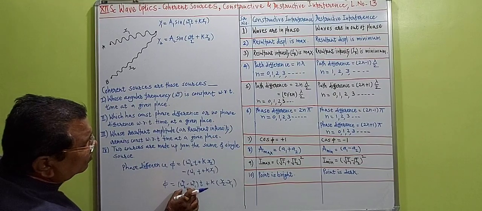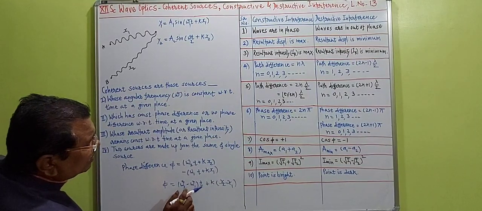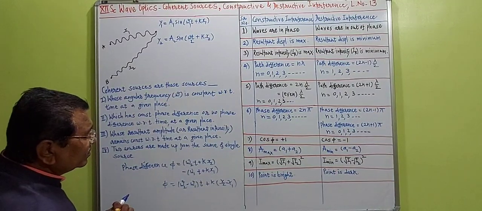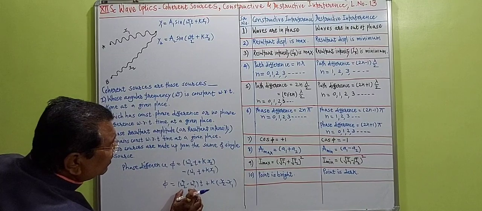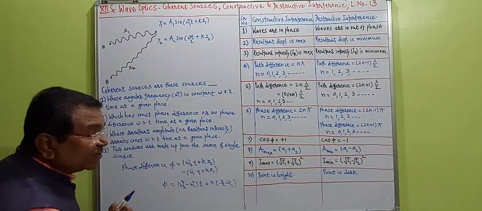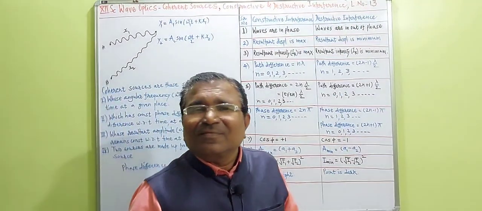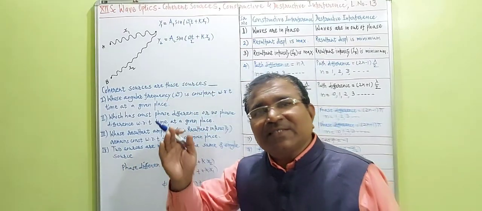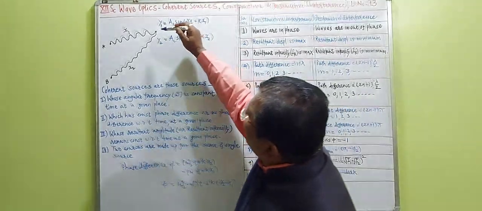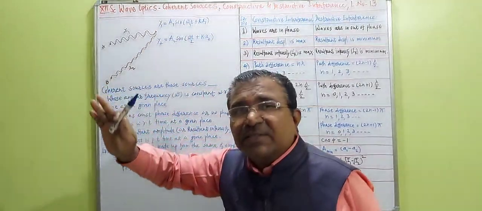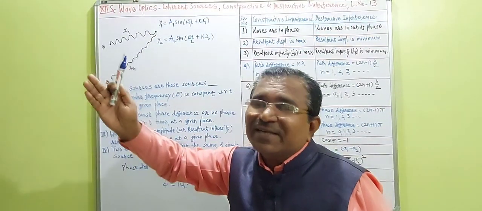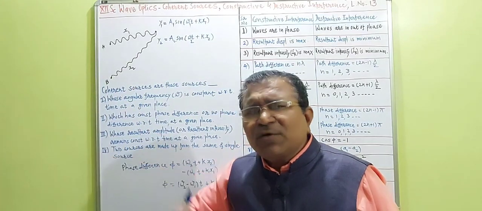Angular frequency is not remaining constant, it is changing with respect to time. And when angular frequency changes with respect to time, sometimes angular frequency is greater, sometimes smaller. Then what happens?